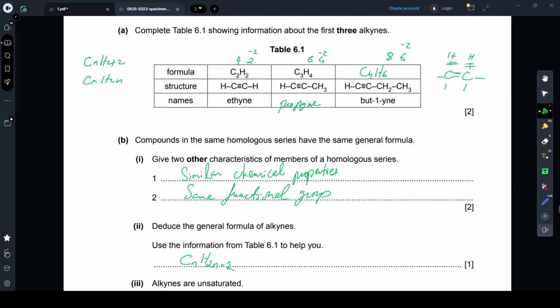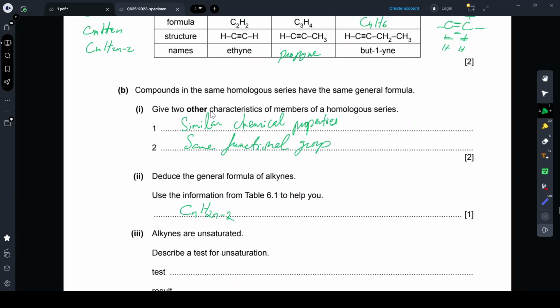Now what if you make a triple bond? Then you're losing two more hydrogens, and that would make it CnH2n minus 2. So two ways to go about it.